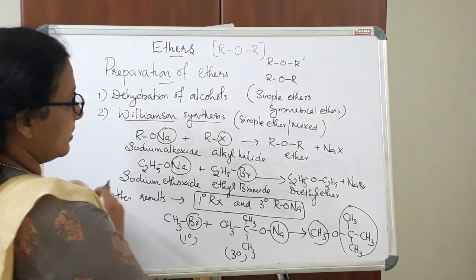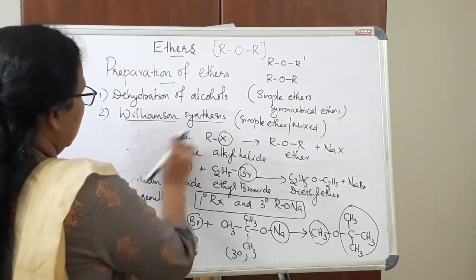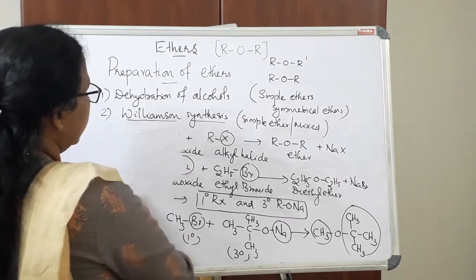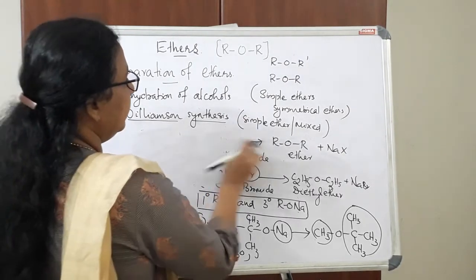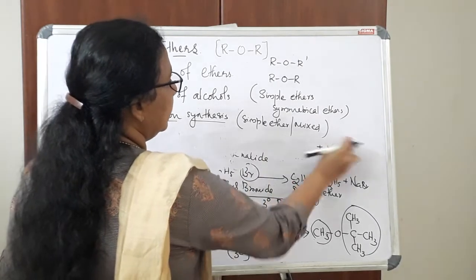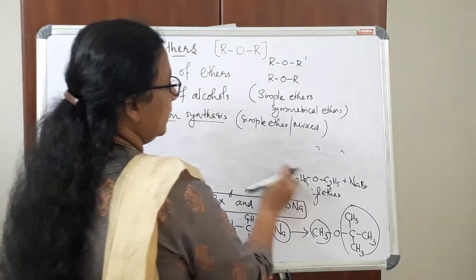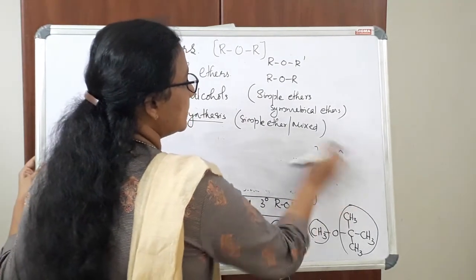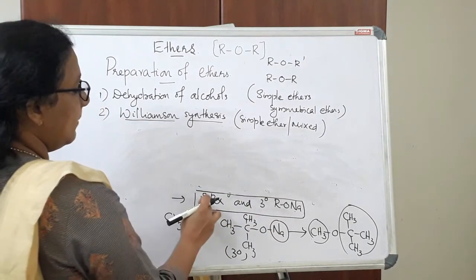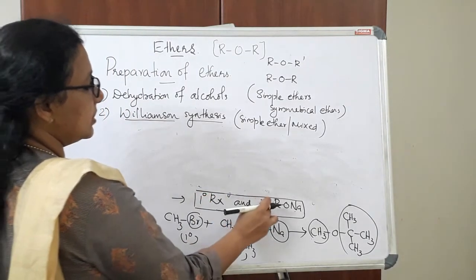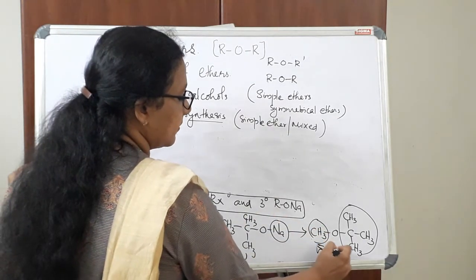If we are taking a primary alkoxide and a tertiary alkyl halide, if the reagents are different, the product will also be different. So if we need a better result, or if we need an ether itself, we have to take a primary alkyl halide and a tertiary alkoxide. Here we will get an ether.